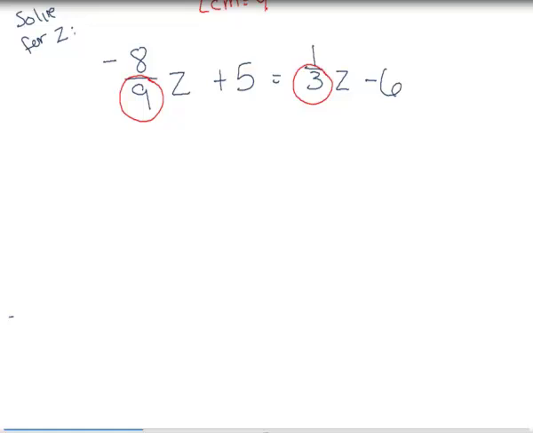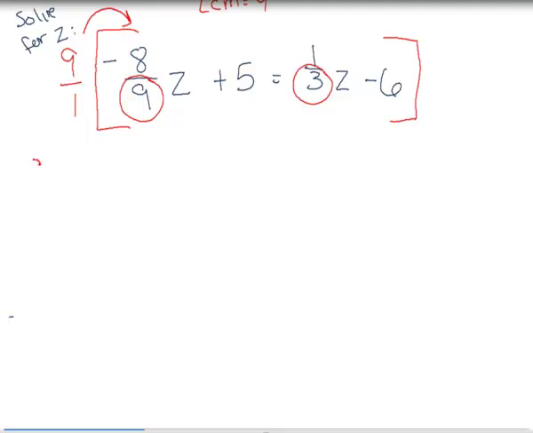We're not going to change these to 9s, though. We're going to use the 9 to get rid of them. So I'm going to multiply the entire equation, every term, by 9. And I'm going to write this as 9 over 1. So you guys know 9 and 9 over 1 are both the same. What's going to happen here is I'm going to distribute this 9.